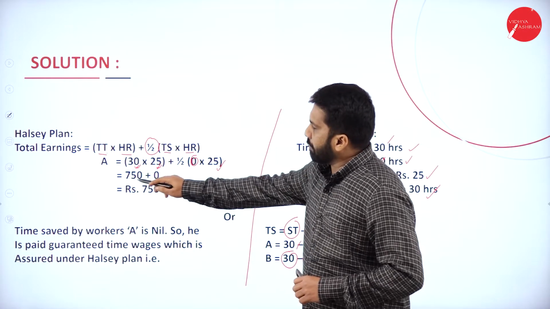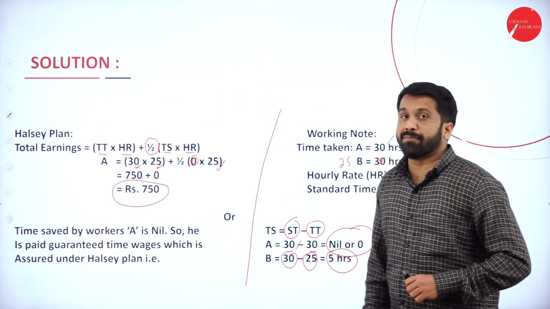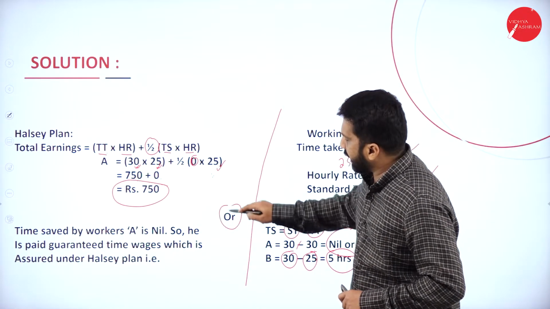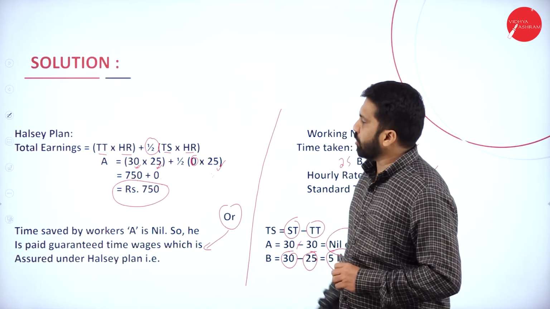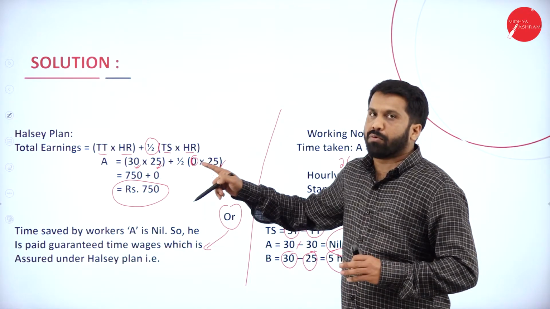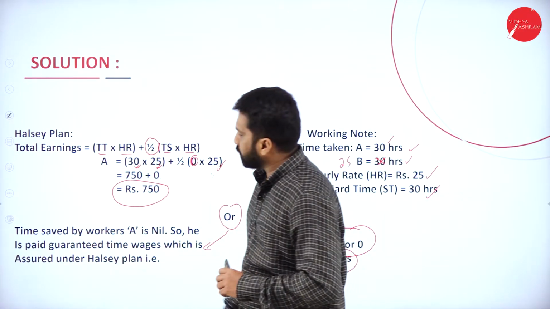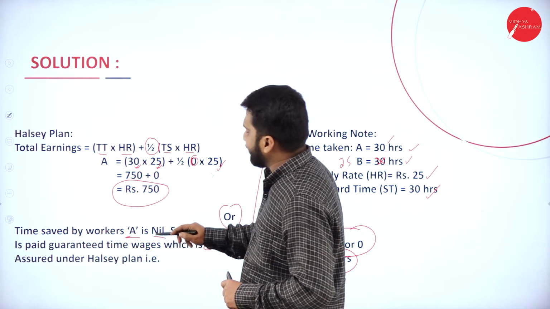Now, 750 plus 0, the final answer will be how much? 750. You can go for this answer, or else you can go for this also. In your examination, this is better. If you want, you can even go for this. What is this? I'll show you. Time saved by worker A is nil.